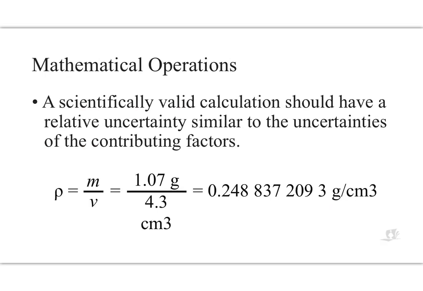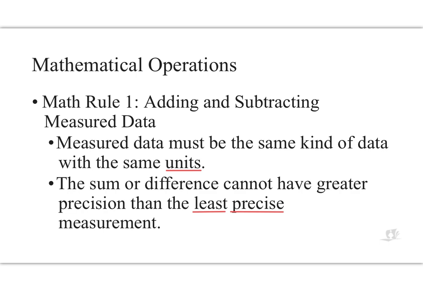Now, when you talk about adding and subtracting significant figures, then there are rules that apply. And so when you add something that is less precise than something else, then it kind of skews the precision of your answer if you don't recognize these operations. The first rule is when you're adding and subtracting, measured data must be the same kind of data with the same units.